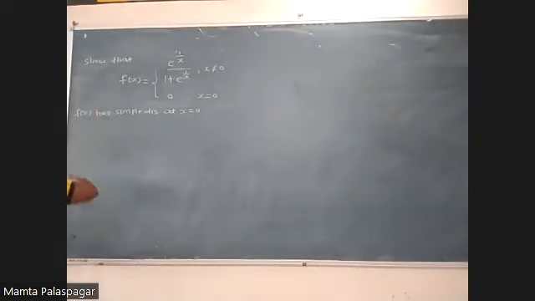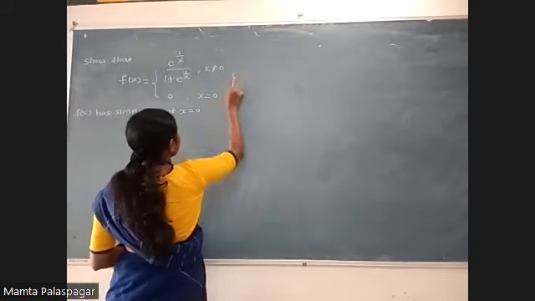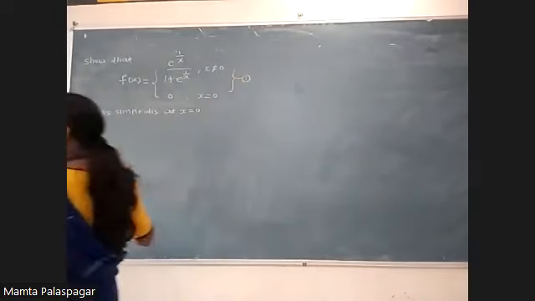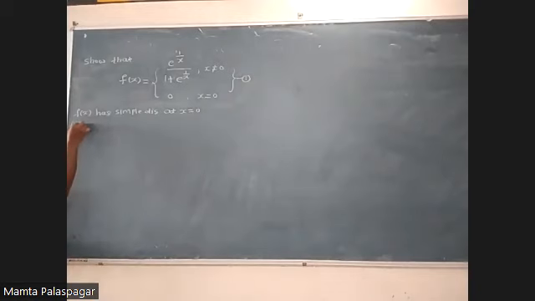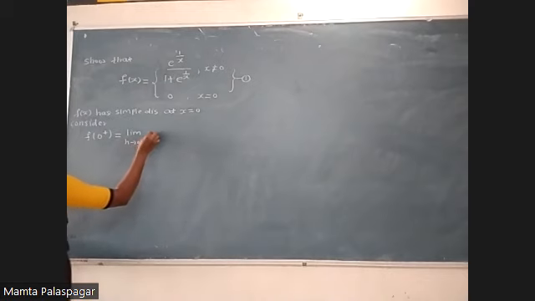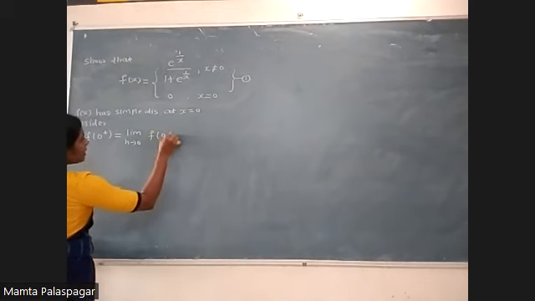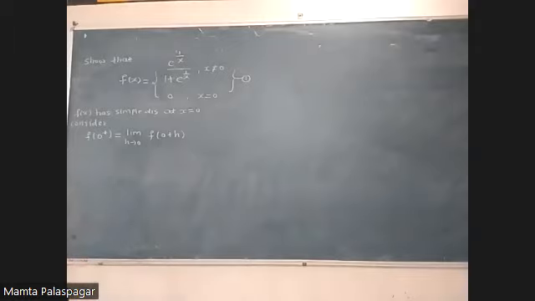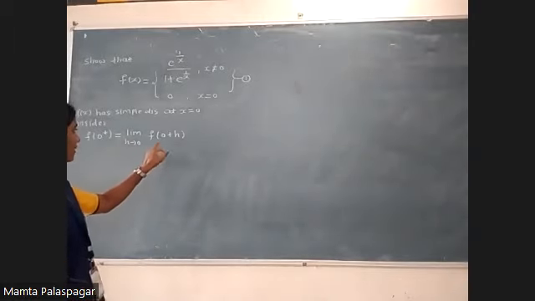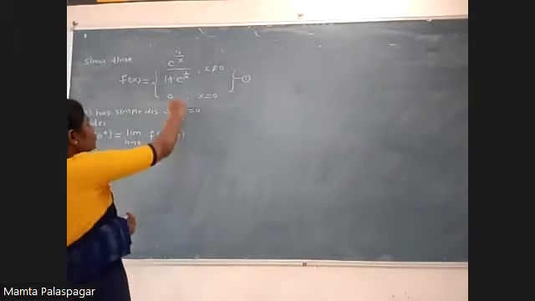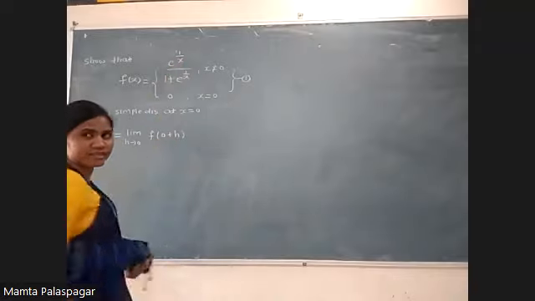Here the given function f of x gives this equation number 1. Now consider f of 0 plus, which is equal to the limit h tending to 0 of f of 0 plus h. Here we have to replace the value of x in equation 1 by 0 plus h.